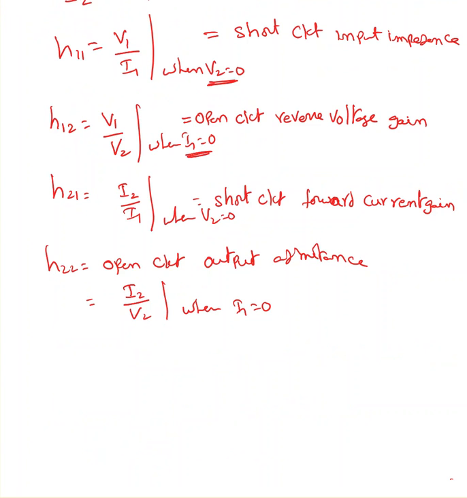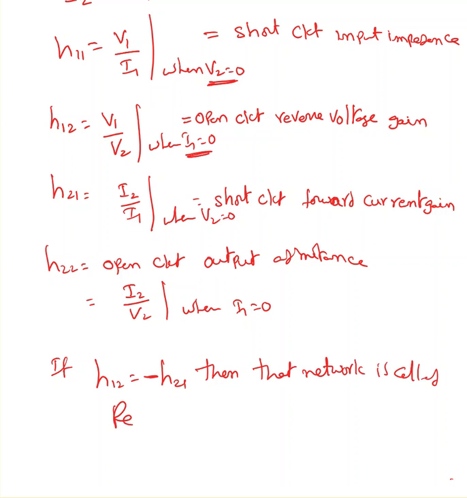Similar to the z parameters and y parameters, if h12 equals minus h21, then that network is called a reciprocal network. That's about the reciprocal network.